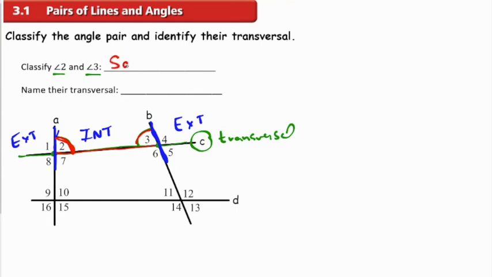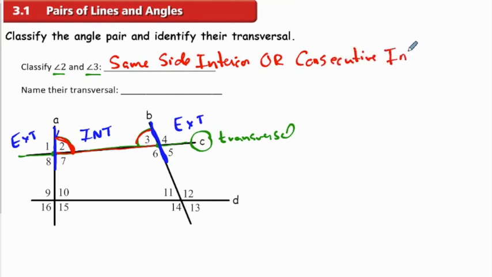So you can call this same side interior angles, or the other name is consecutive interior angles. And we've identified the transversal as line C.